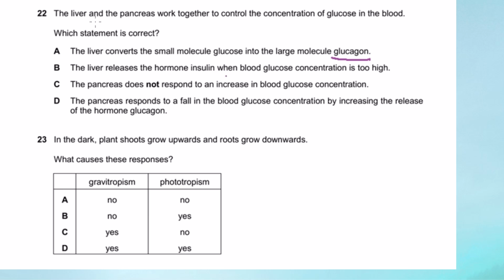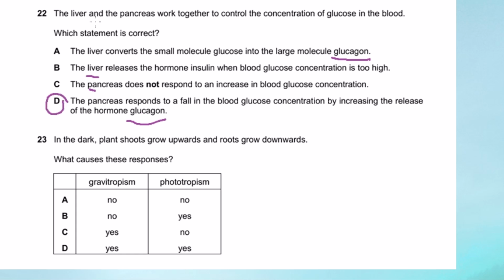Yes, insulin is released, but not by the liver. Okay, the pancreas does not respond to an increase in blood glucose concentration. It does, so it can't be this one either. The pancreas responds to a fall in blood glucose concentration by increasing the release of glucagon. Yes, this one is correct.